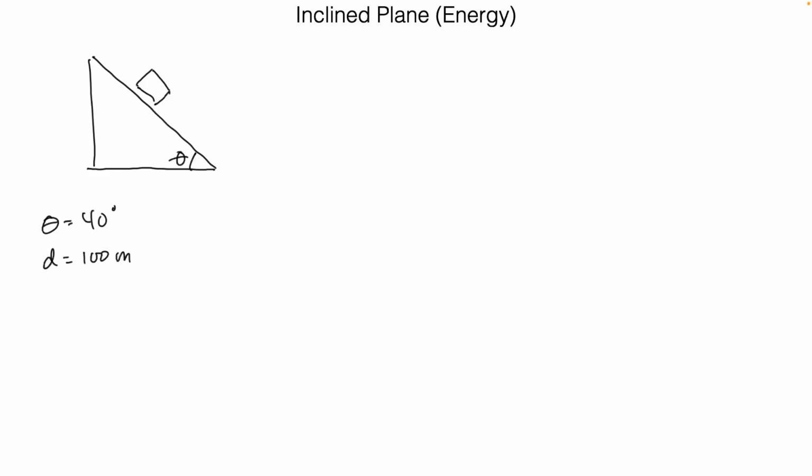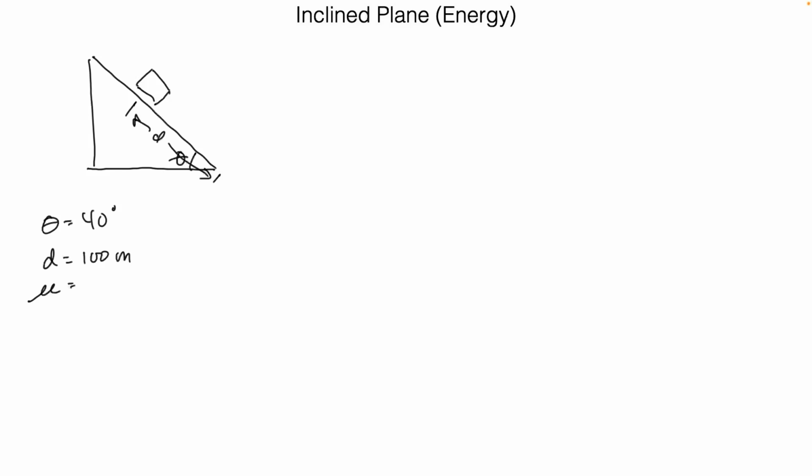Now, with that distance, I'm not talking about the vertical height or the horizontal height. I'm talking about the distance it slides on the incline of the hill, right? So that distance would be from here to here, all the way down the hill. And then I said we're going to solve for velocity, right?